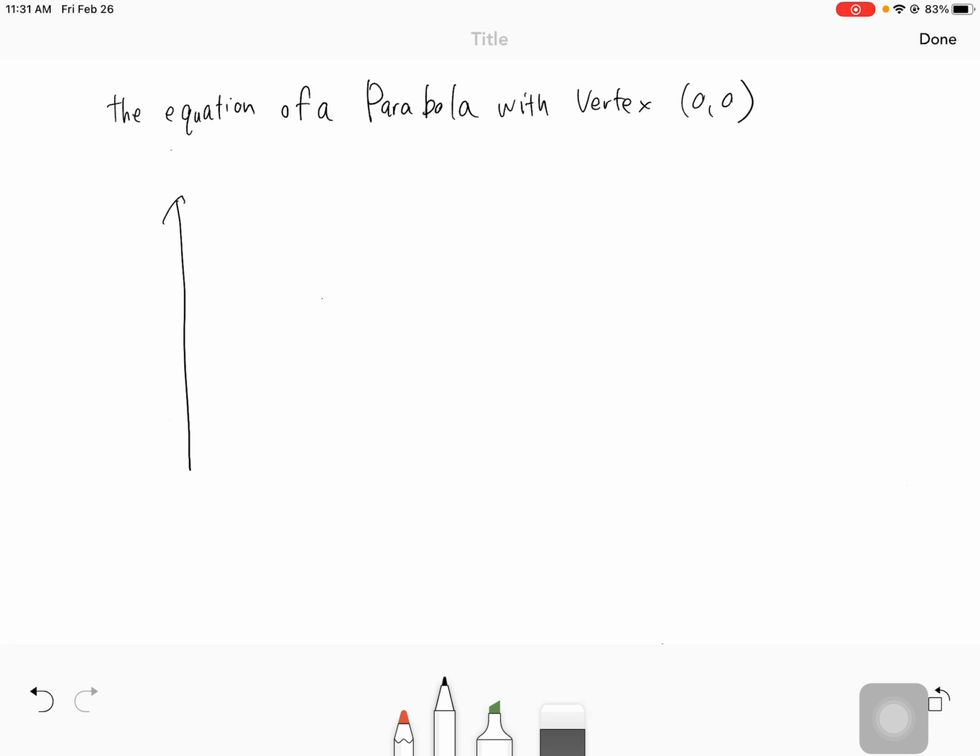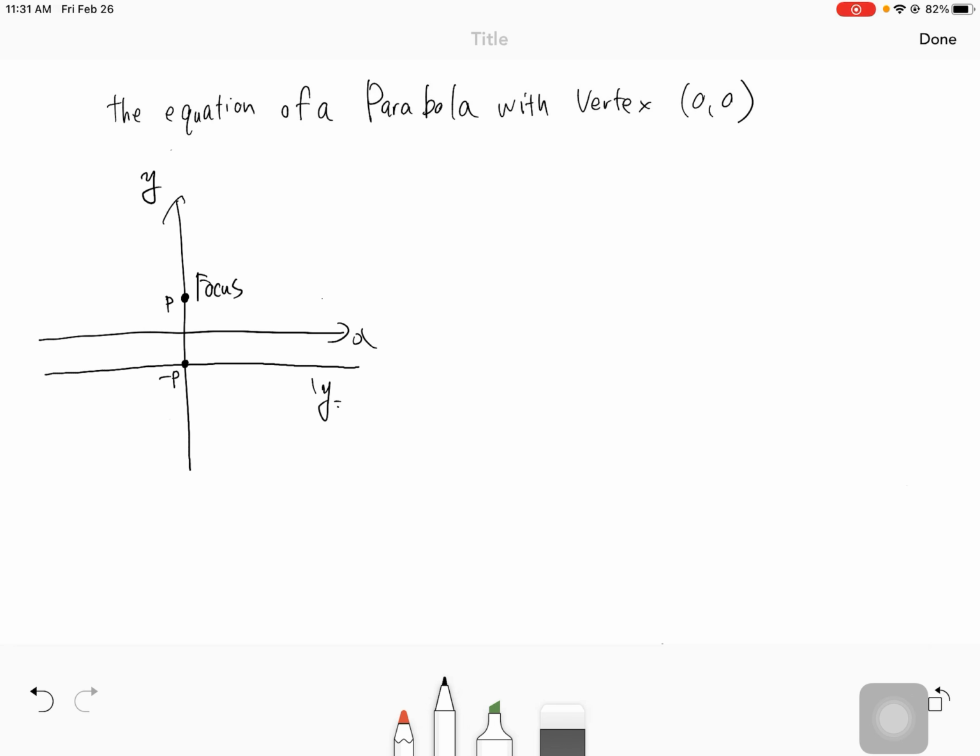To sketch parabola, you need 1 point and 1 line. First, let me put 1 point here, whose y value is p, and this point is called focus. And also, like I said, you need a line to sketch parabola. It is here, whose y value is negative p, so it corresponds.